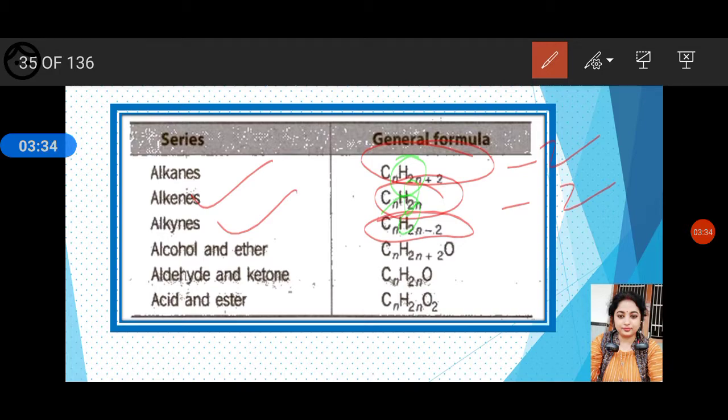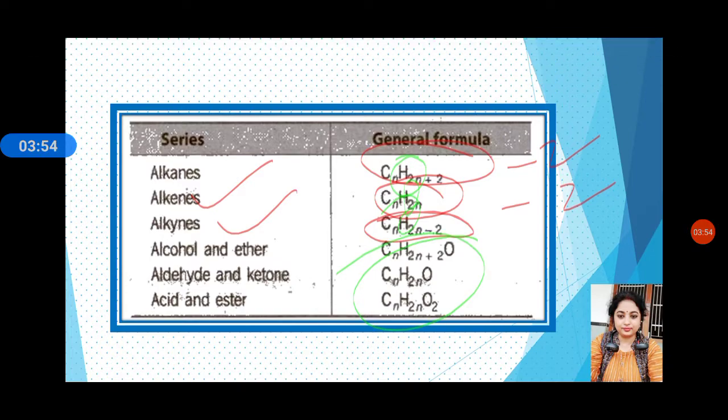So you have to learn the formula by heart: alkanes, CnH2n+2; alkenes, CnH2n; alkynes, CnH2n-2. When other functional groups such as alcohol, ether, aldehyde, ketone, acid, ester are added, the corresponding element will be added to give its general formula.